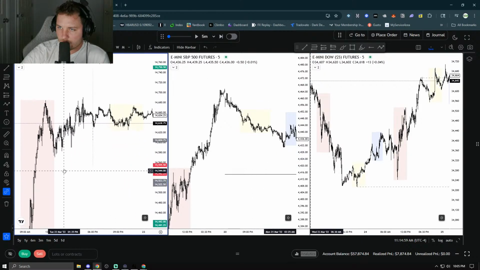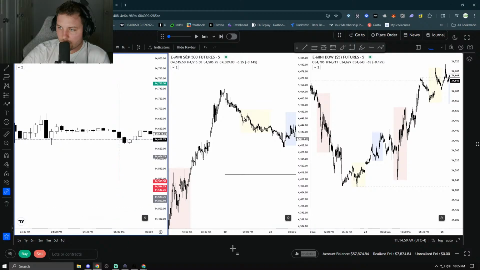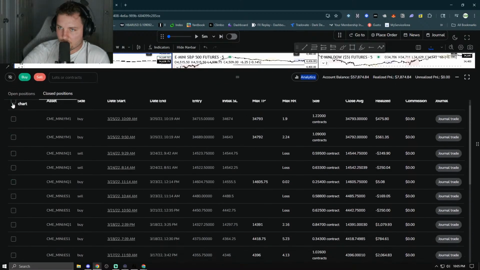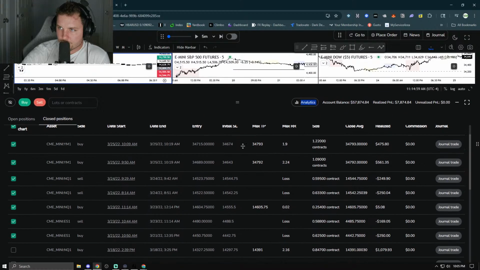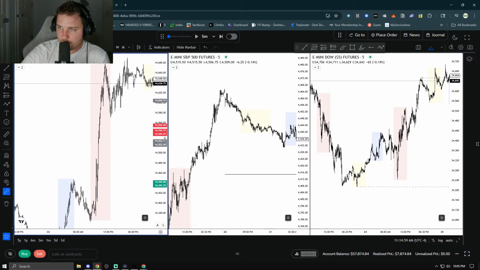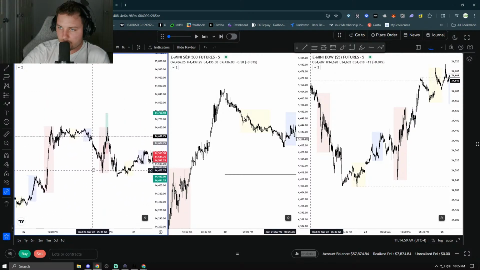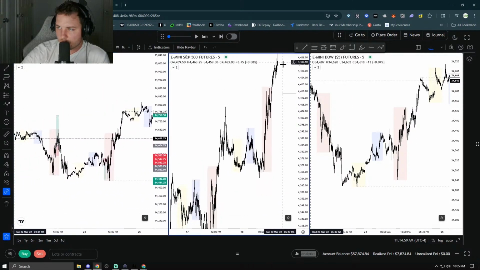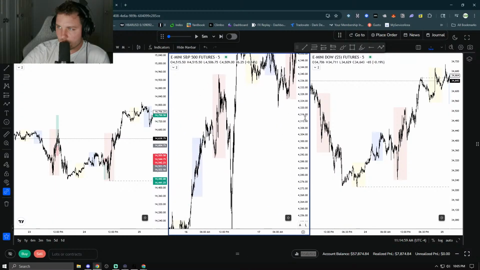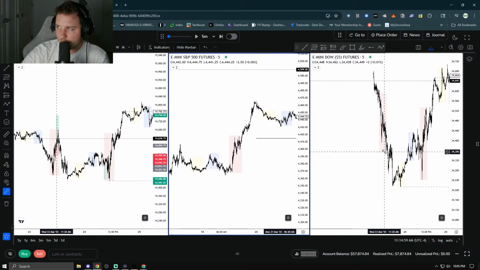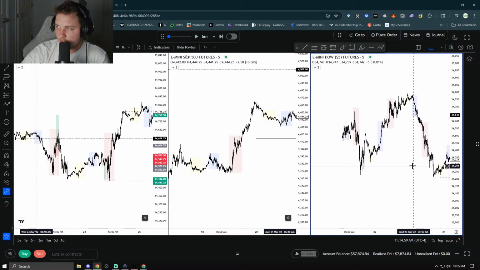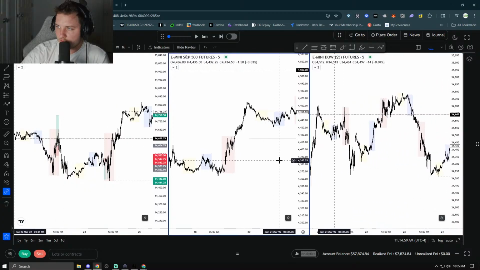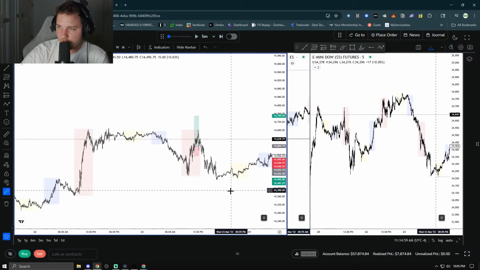Did we miss it? Okay. Oh no, it's glitched. Oh wait, yeah, here we go. So do it for all of them. That sucks. Okay, yeah, it's only highlighting here.